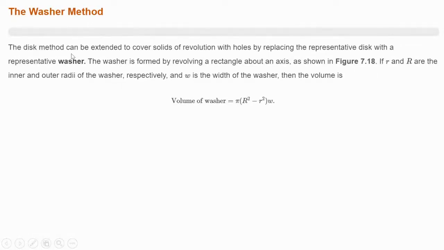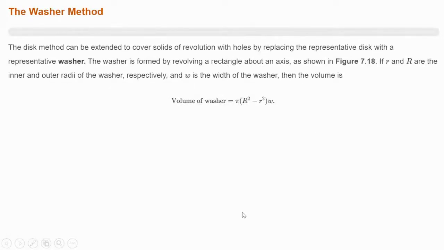So here we go. The disk method can be extended to cover solids of revolution with holes by replacing the representative disk with a representative washer. The washer is formed by revolving a rectangle about an axis, and I'm going to show you a picture of this.